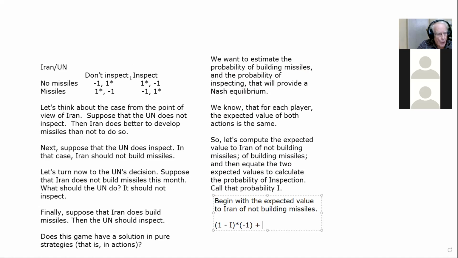And then the other possibility is that the UN does inspect with a probability of I, 10 or 15%, whatever. If that occurs, Iran will receive 1 point.